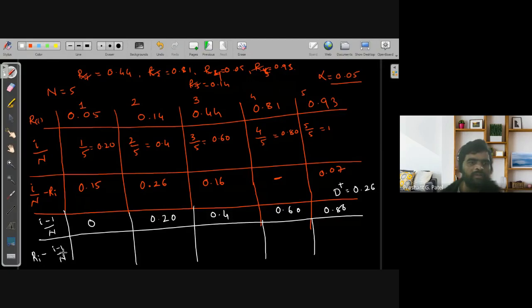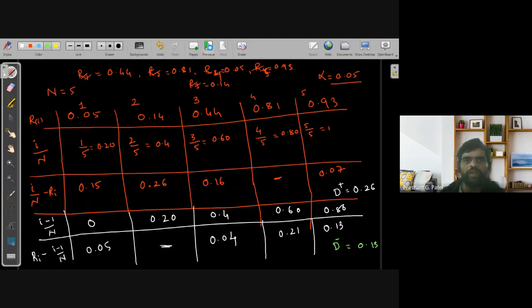So it is Ri minus 0. Ri is 0.05. 0.14 minus 0.20 is a negative, so we are not considering this. 0.44 minus 0.4 is 0.04. 0.81 minus 0.60 is 0.21. 0.93 minus 0.80 is 0.13. So D minus is the maximum of these values.